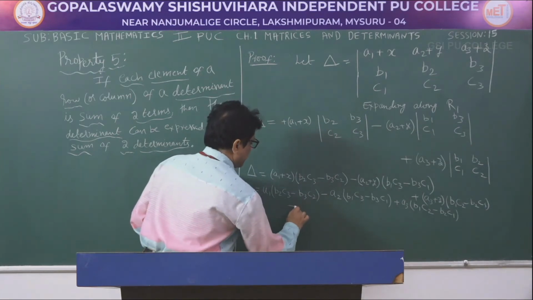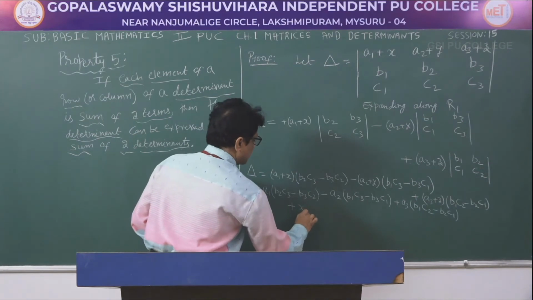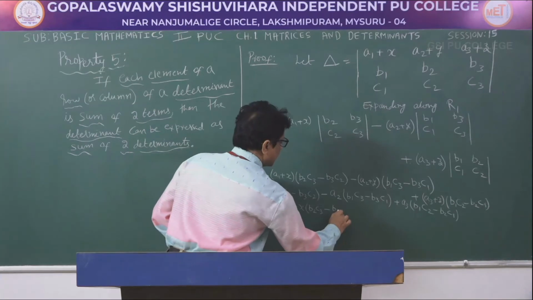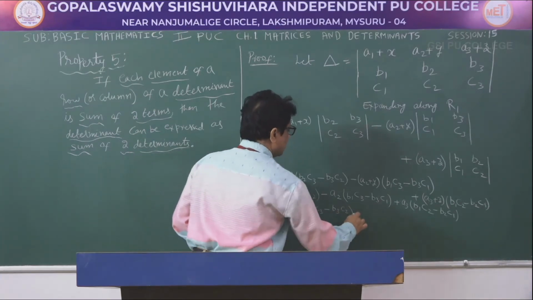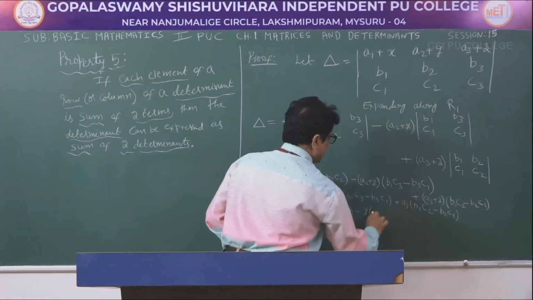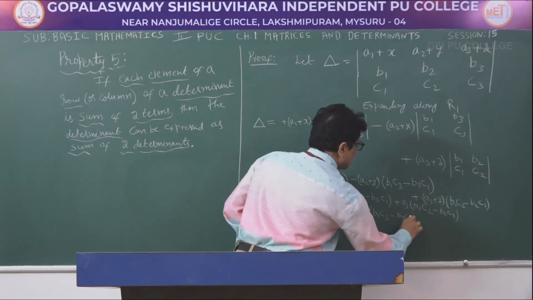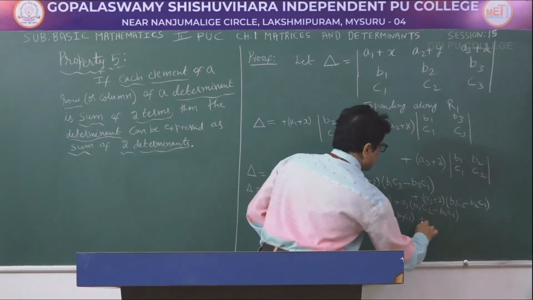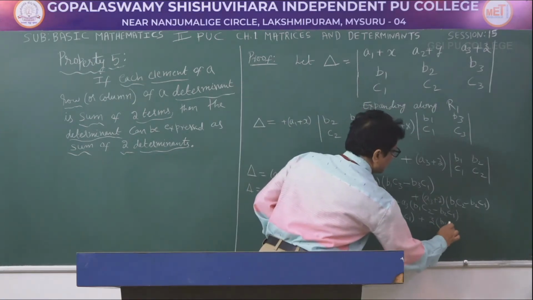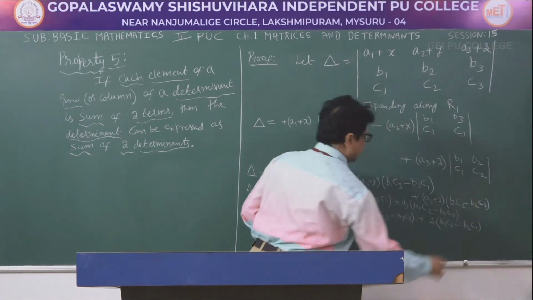Next we multiply x, y, z to these terms: plus x into b2 c3 minus b3 c2, minus y into b1 c3 minus b3 c1, plus z into b1 c2 minus b2 c1.